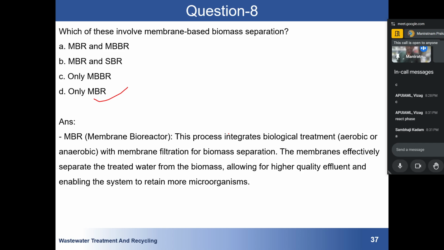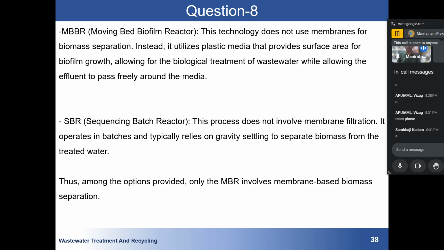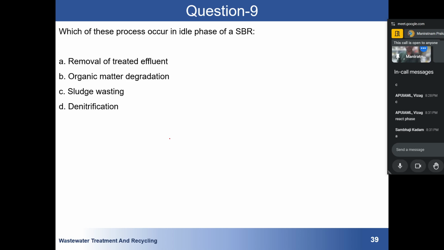That's why whenever we prepare the PPT, we try to include all the detail before answering any question. This MBR process integrates biological treatment. Again, I have already discussed this. This MBR is moving bed biofilm. This SBR, again, it's the same thing again and again.